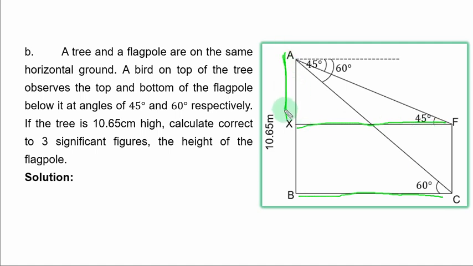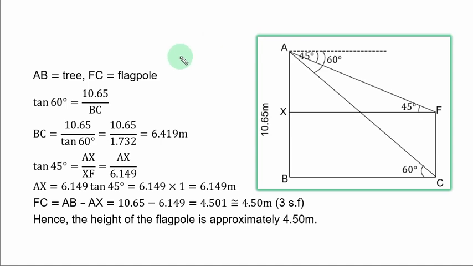After AS, you subtract it from AB and you get BS, that is equal to FC. We start by looking for BC. Clearly, AB is the tree, FC is the flagpole.